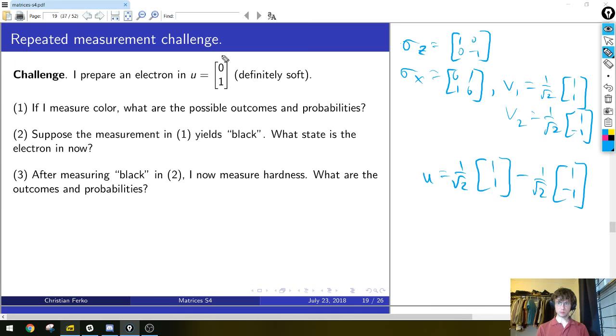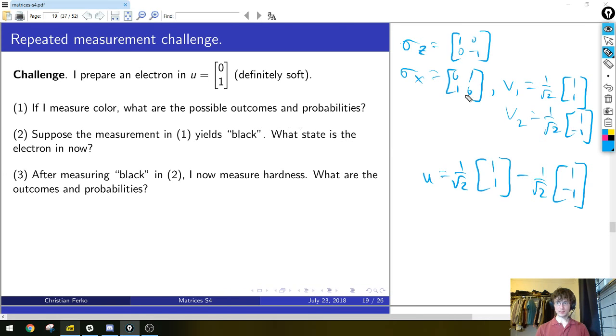We're trying to write 0, 1. Since we want the top to be 0, 1 minus 1 with a root 2 is 0. 1 minus a minus 1 will give us the 2 over root 2. So up to normalization, this will give us the 1 downstairs.